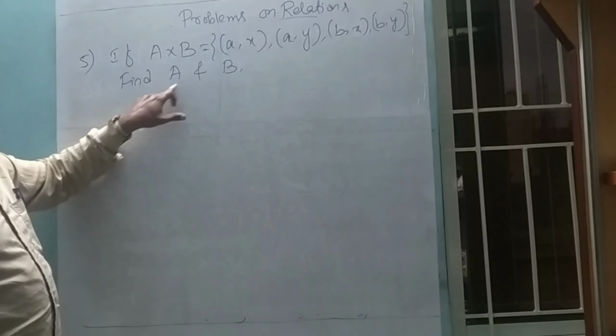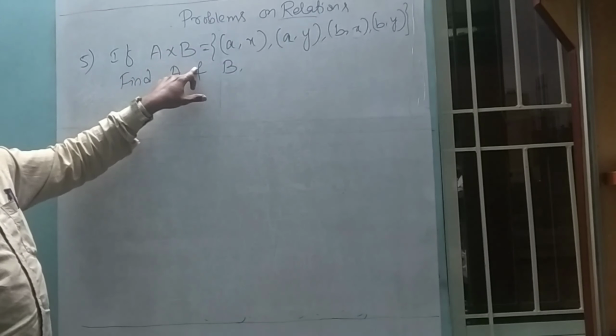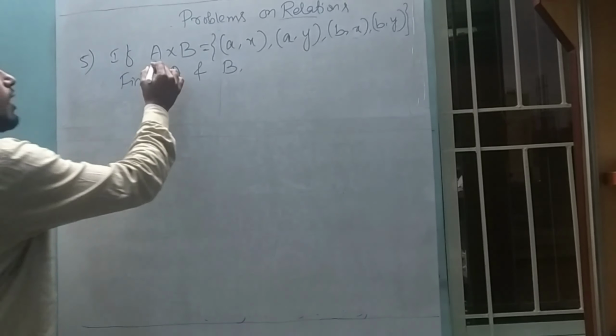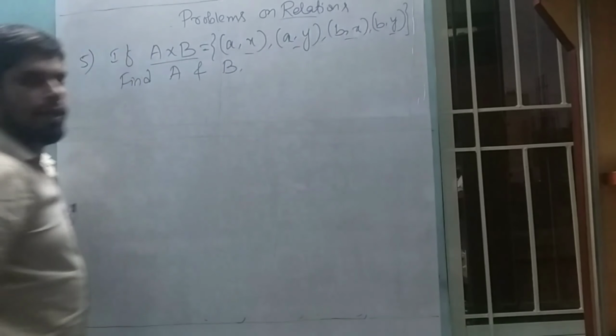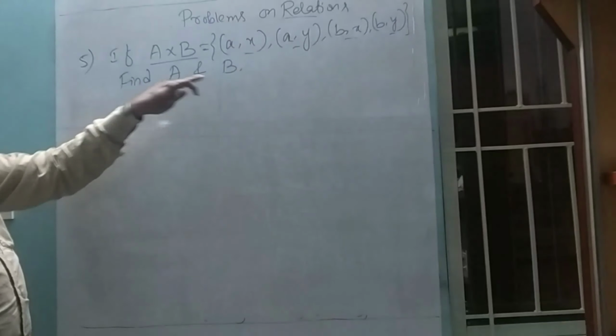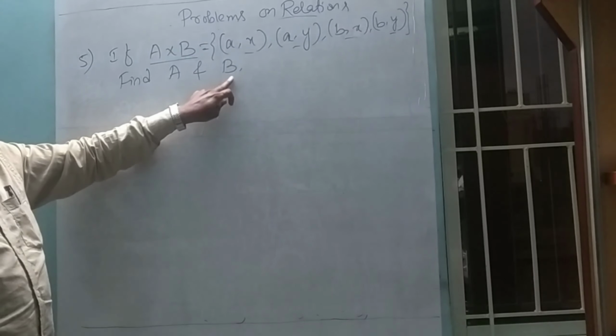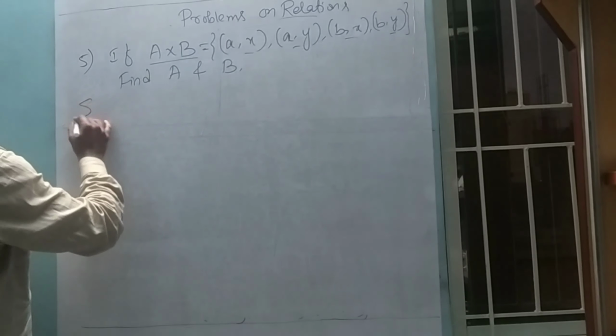Sets are given and with the help of these sets we used to find the Cartesian product of those sets. Now here the Cartesian product is given. It has 4 elements. It means the possibility is that set A has 2 elements and set B has 2 elements. So let us see how to find A and B.